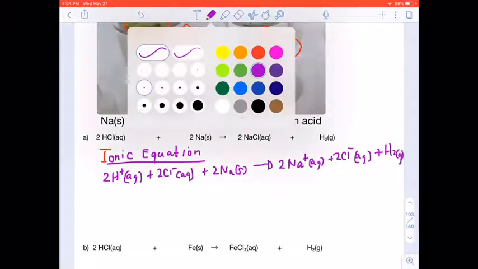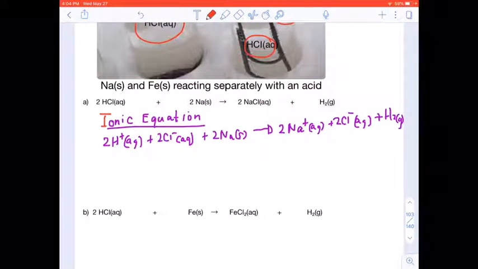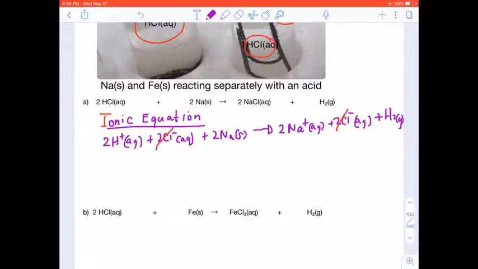And when we look at this now, what do we see? I've got that, so I've got that. Is there anything else? No, so we see the chloride ions are spectator ions. So what would our net ionic equation be?